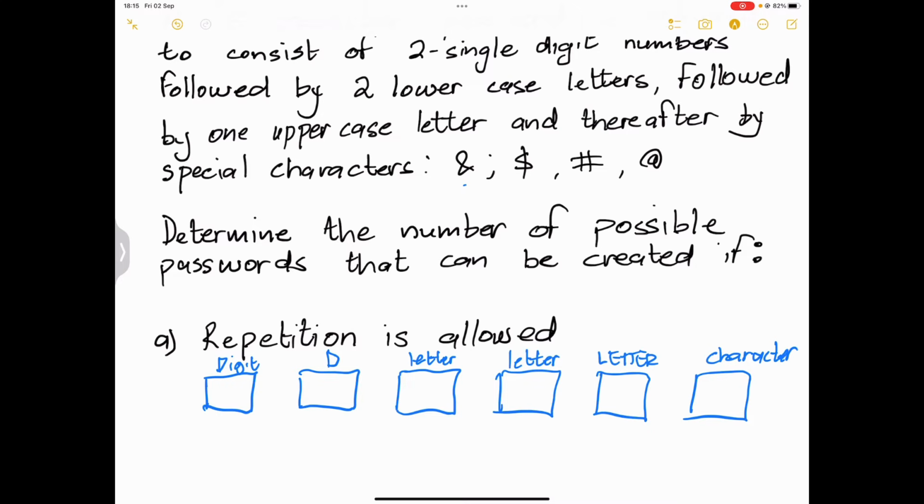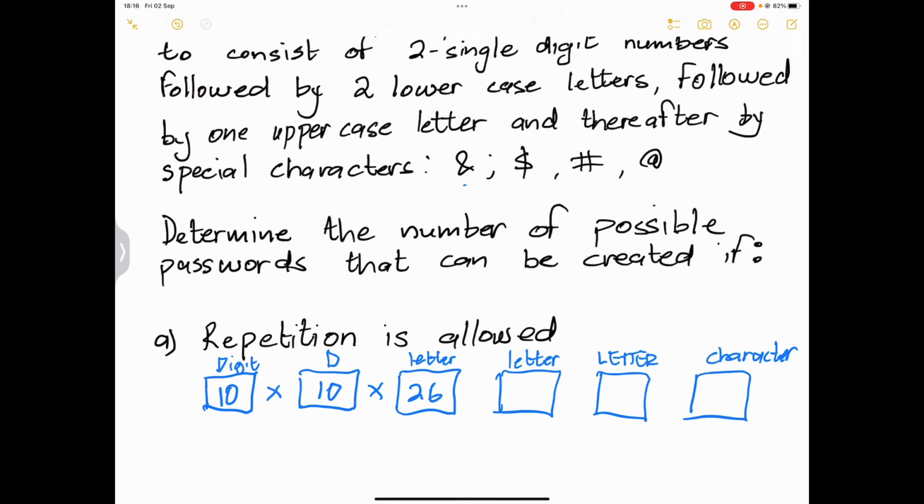How many digits do I have? Remember, you've got 0 to 9, so that would be 10. Multiplied by 10 again, because repetition is allowed, so you can choose from the 10 again. Multiplied by the number of letters in the alphabet, that's 26.